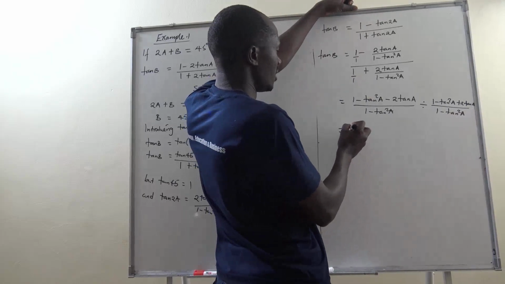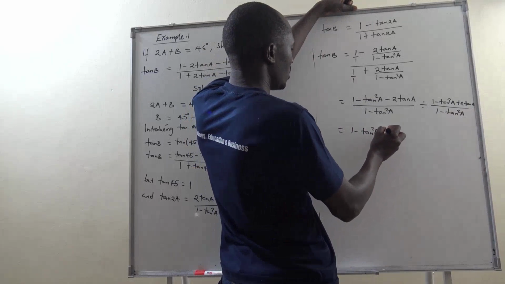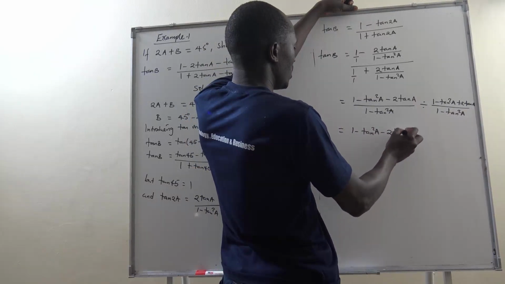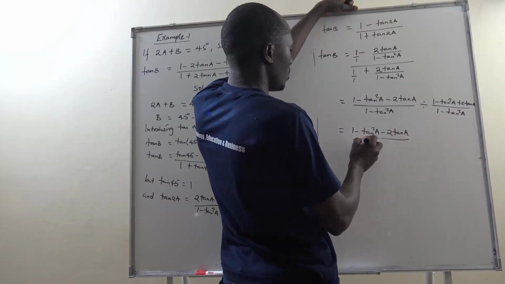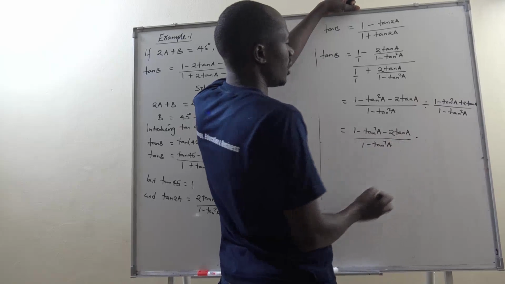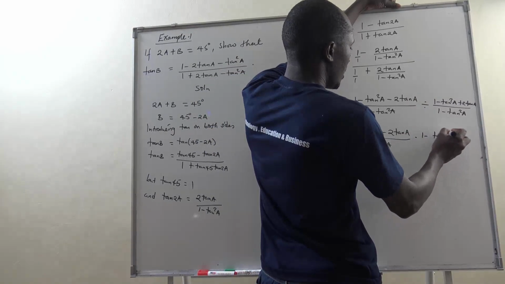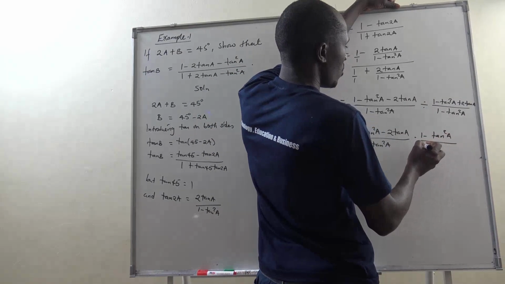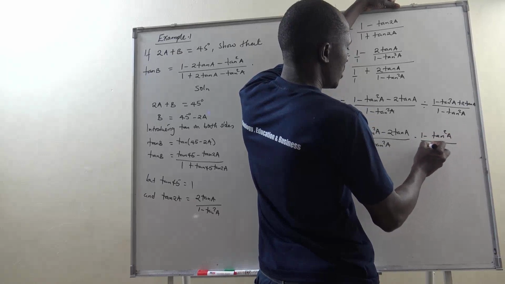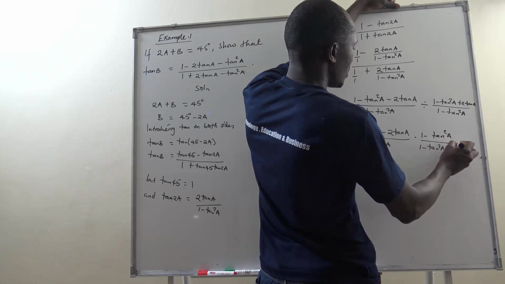So we go ahead. This is the same as (1 minus tan squared A minus 2 tan A) all over (1 minus tan squared A), times (1 minus tan squared A) all over (1 minus tan squared A plus 2 tan A).